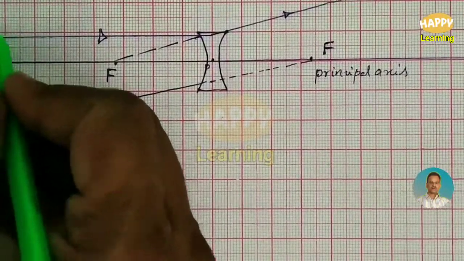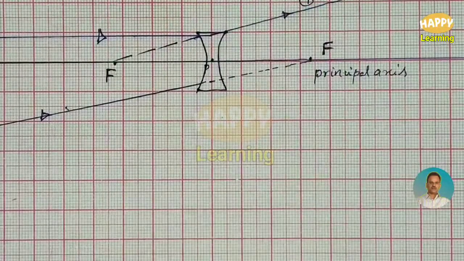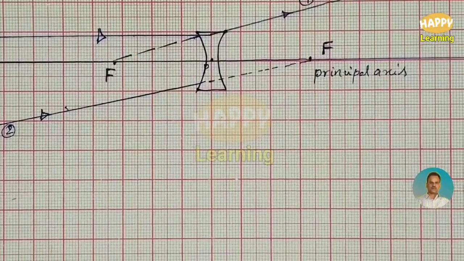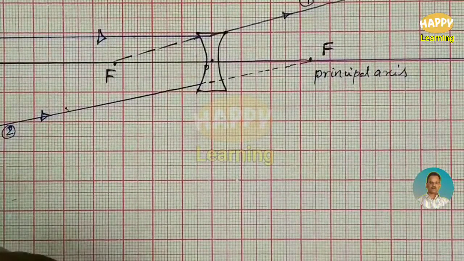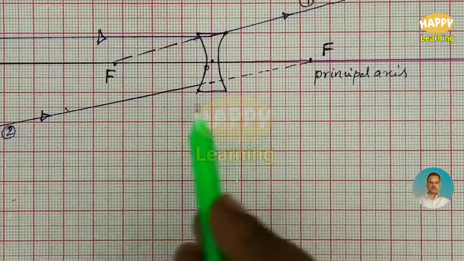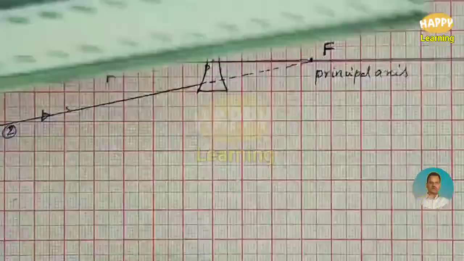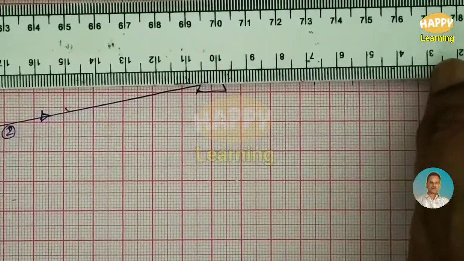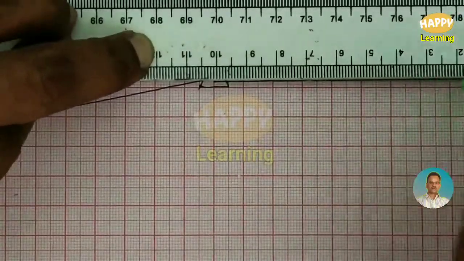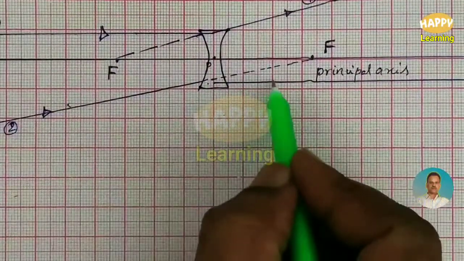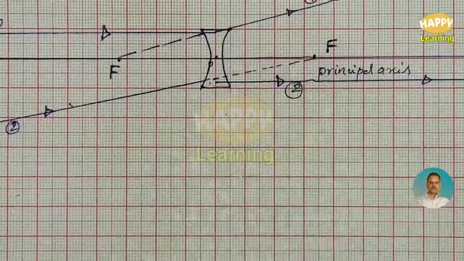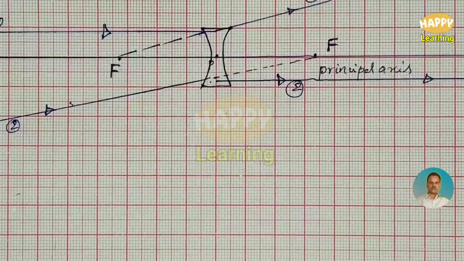Second ray: this ray which is trying to enter into the focus becomes parallel to the principal axis after passing through the concave lens.